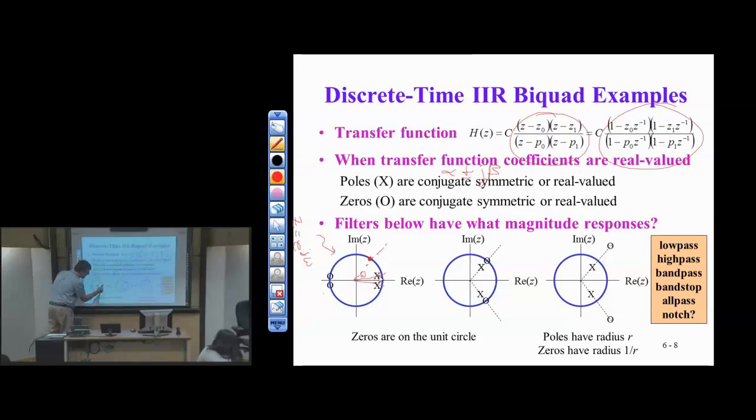Because if I evaluate the frequency right there, the distance to the pole is very small at that frequency. In fact, it's the smallest distance possible of all the possible frequencies on the unit circle. This distance is so small, and 1 over that distance is something very large. So the magnitude is very large at that frequency.